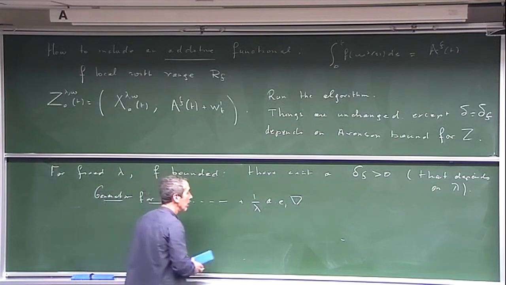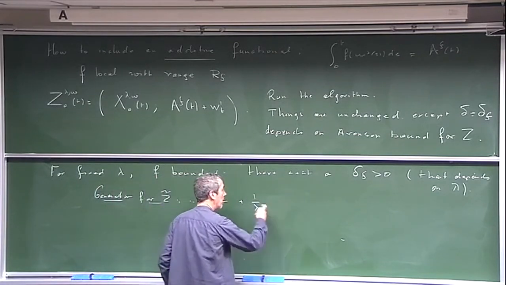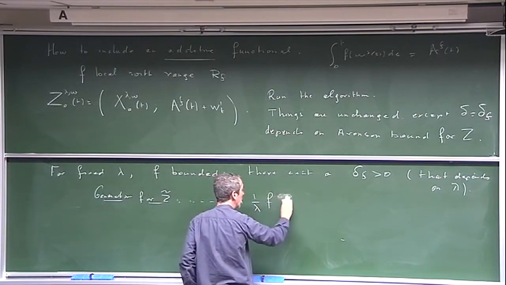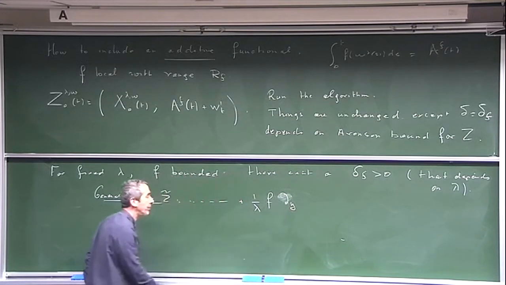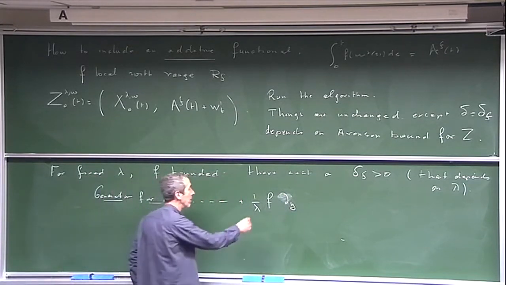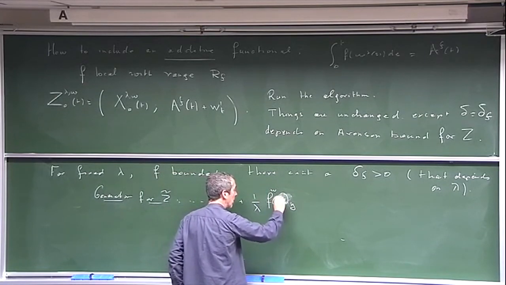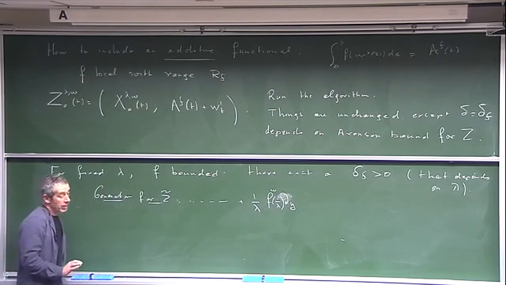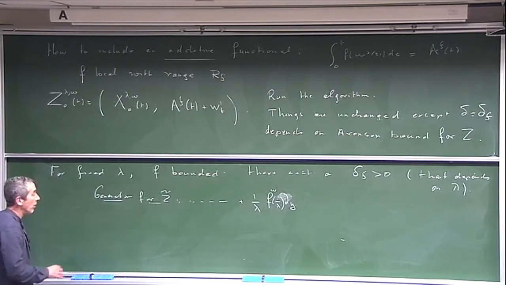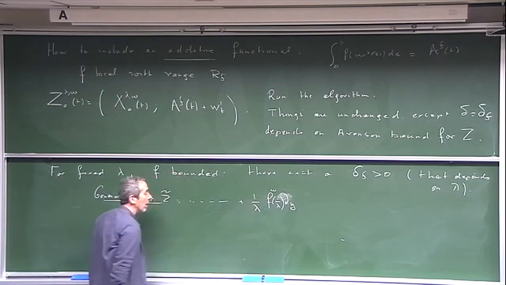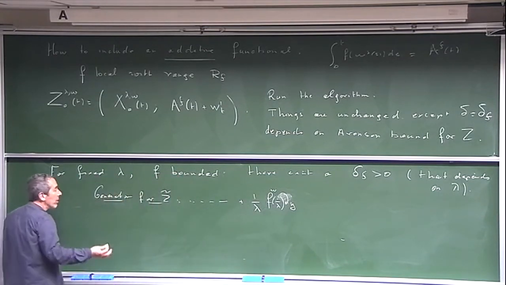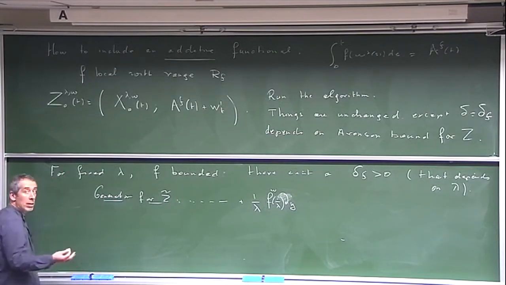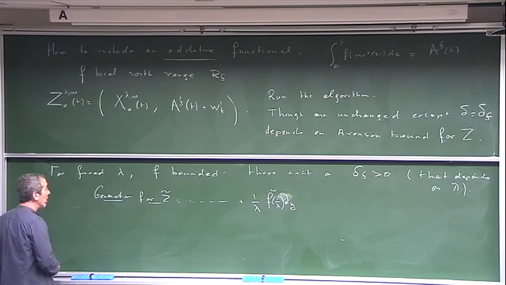Sorry, what you get is 1 over lambda in front of the additive function, f of omega over lambda, something like this. But you get a 1 over lambda here, which is very bad. But it's okay for a fixed lambda, provided that f is bounded. So this is bounded, so you have an operator in divergence form with bounded coefficients. Okay, so that's one case, the first case.